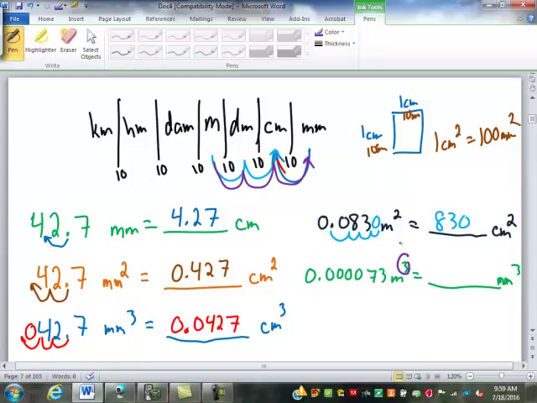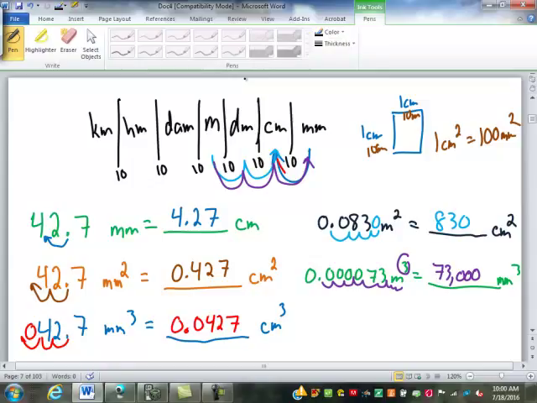Because it's cubed, right? So 3 spots on the chart becomes 3 times 3 or 9 decimal places. So you go 1, 2, 3, 4, 5, 6, and we have to add zeros, 7, 8, 9. So that's 73,000 millimeters cubed.